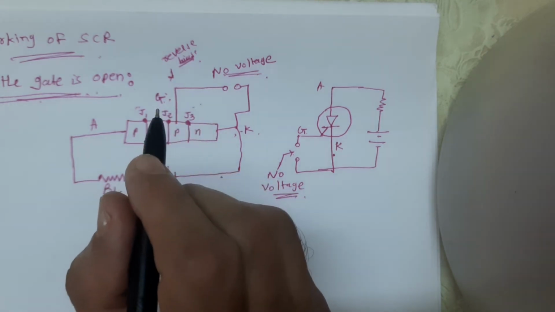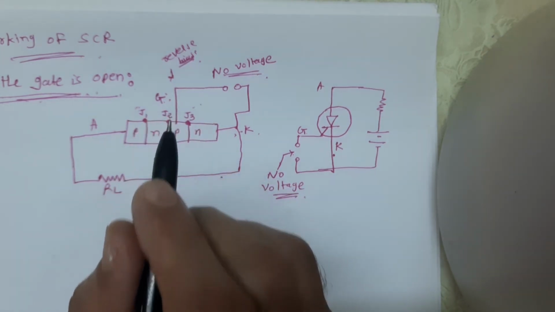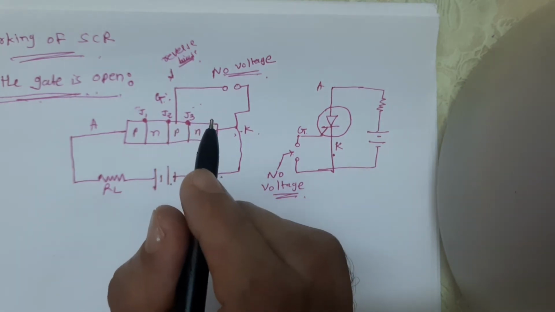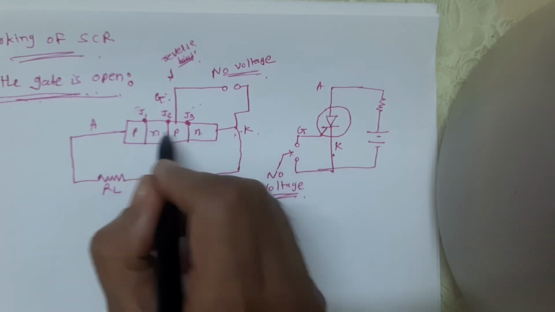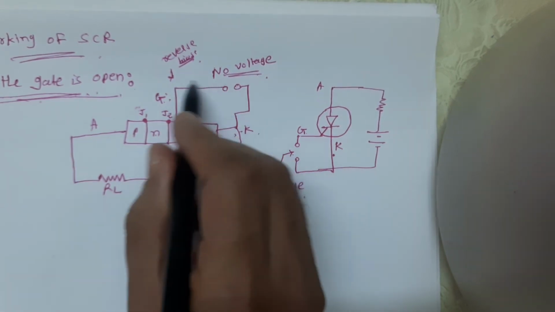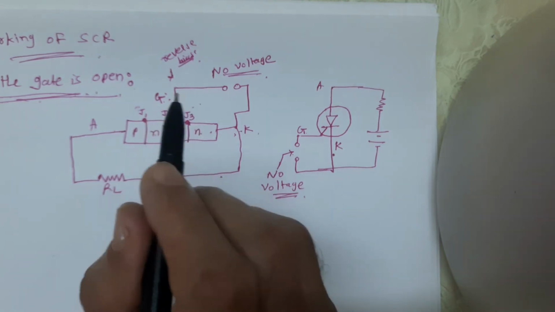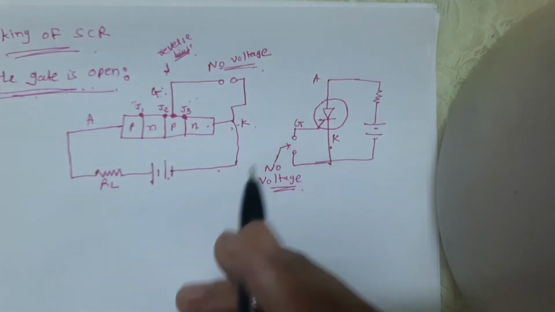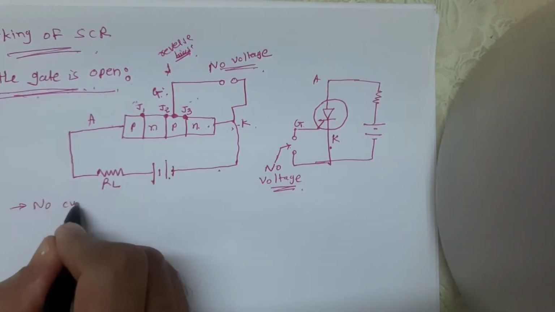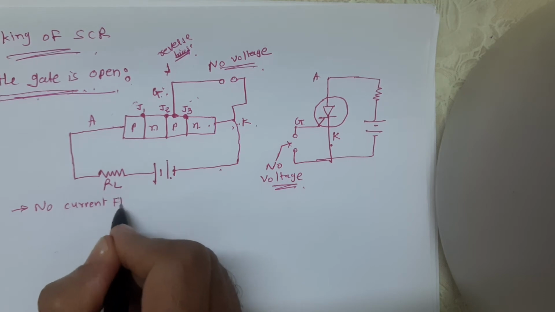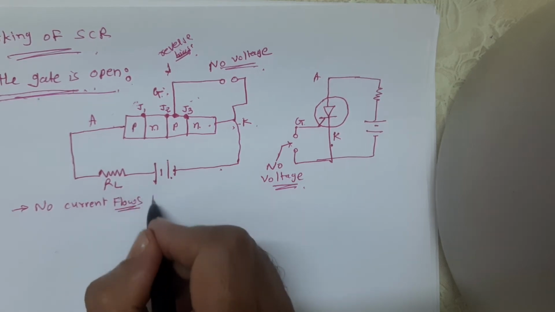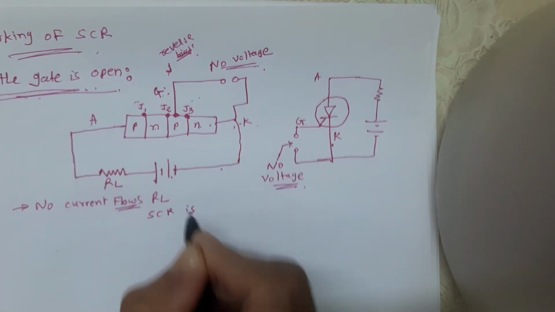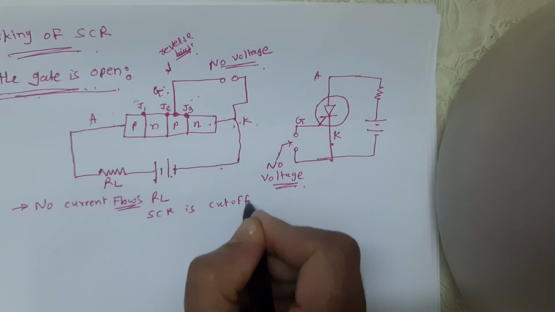Hence, the situation in junctions J1 and J3 is just as in an NPN transistor with the base open. Consequently, no current flows through the load RL and the SCR is cut off.